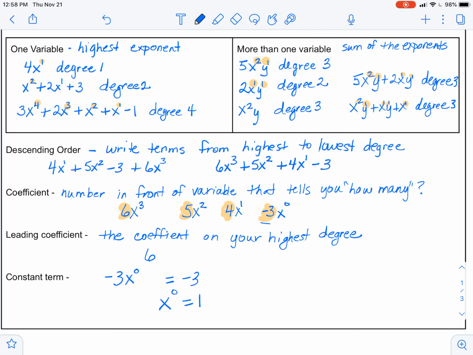So this is really -3 times 1, which is a -3. So basically this is just a simpler way of writing this, okay? So a -3x to the 0 and a -3 are the same thing. So when we talk about putting it in descending order, why that -3 goes at the end is because it has x to the 0, which should always be your smallest degree. Okay?